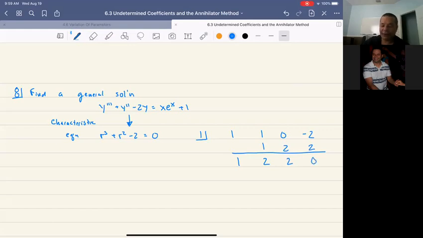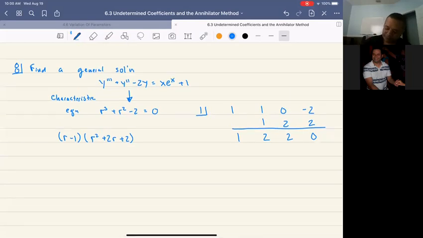So what we have here is, again, r minus 1 times r squared plus 2r plus 2. Now r squared plus 2r plus 2, that's a quadratic. I can't factor that without the quadratic equation. Well, I could with completing the square, but we're going to use the quadratic equation.